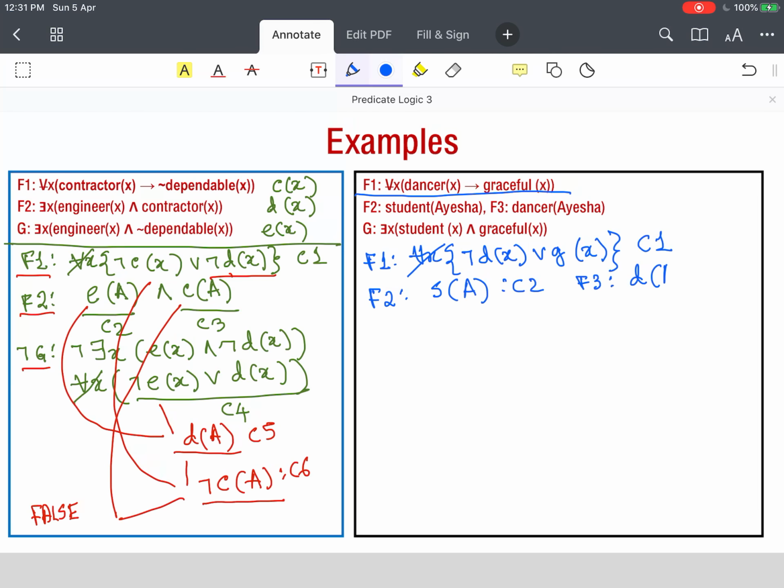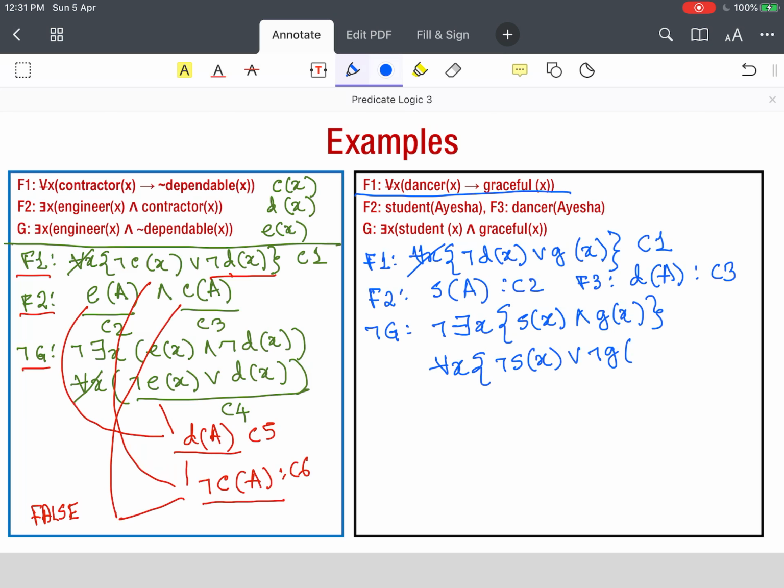This becomes C2. From F3, we get dancer Ayesha, which becomes C3. And not of G again becomes not of there exists x, student x and graceful x, which becomes for all x, not student x or not graceful x, which becomes C4.